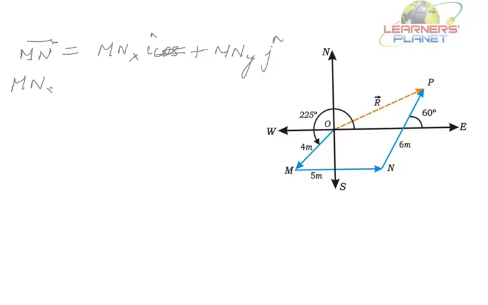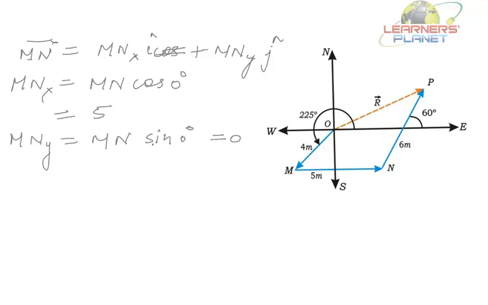Now MNx will be given by MN cos 0 degrees, so that will be equal to 5 meters, and MNy will be equal to MN sin 0 degrees, which is 0. Therefore the MN vector can be written as 5 i cap plus 0 j cap, or simply 5 i cap.